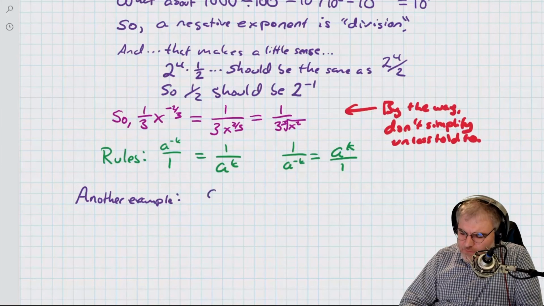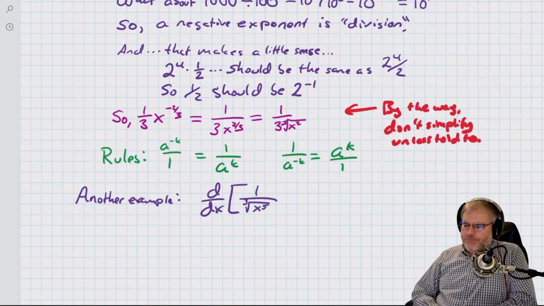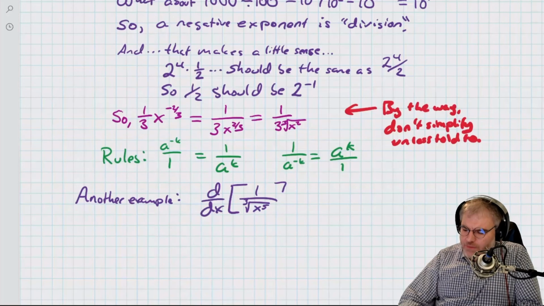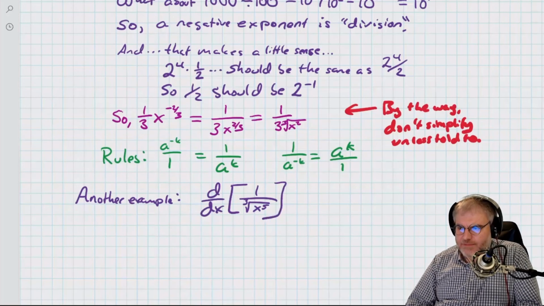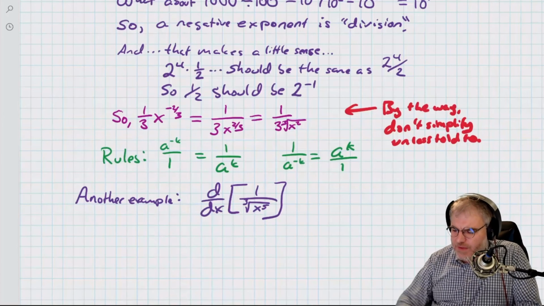So let's do d over dx of 1 over the cube root of x to the 5th. Okay, that's 1 over the cube root of x to the 5th. These are the steps to dealing with these weird things.